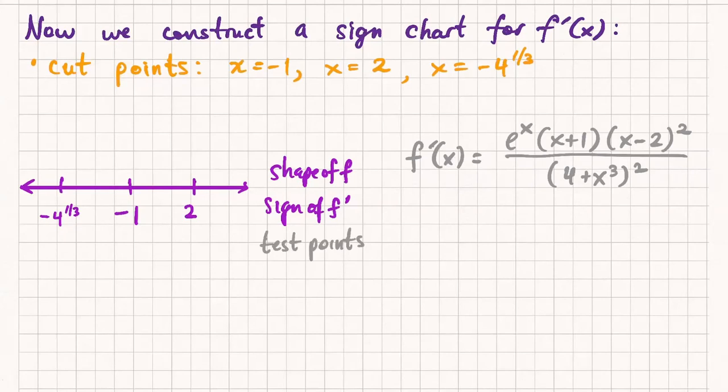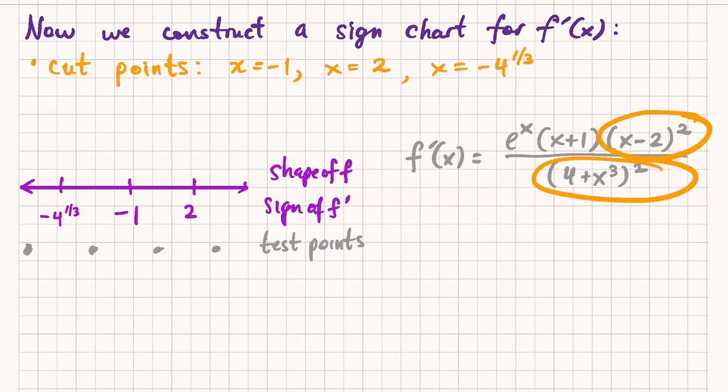Now you can be a little bit clever with this. We can either do it the brute force way where we just do a test point for each interval, right? We need 4 test points and then we plug them into the derivative to see. Or you can be a bit more clever. If you look at the derivative, what do you notice? There's actually a lot of factors that you know are always positive. For instance, the denominator is always positive because it's squared. The x minus 2 squared is always positive.